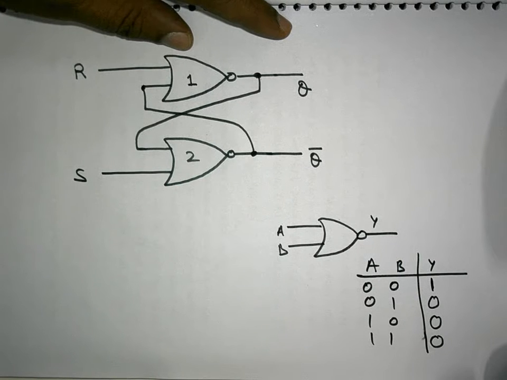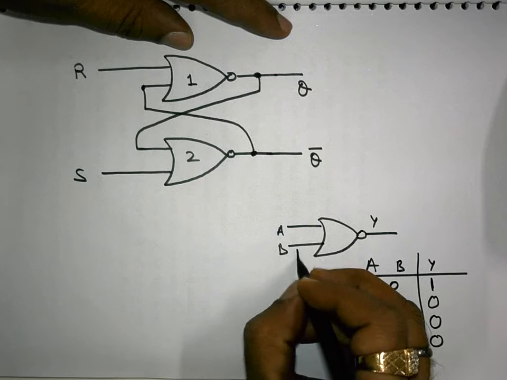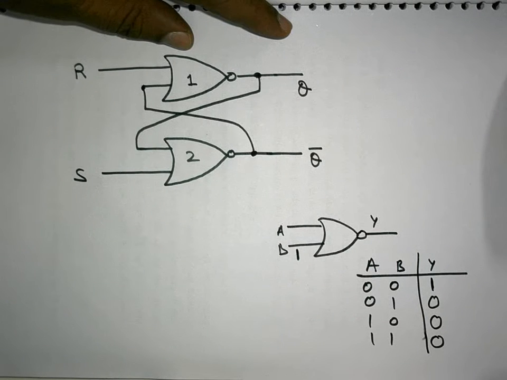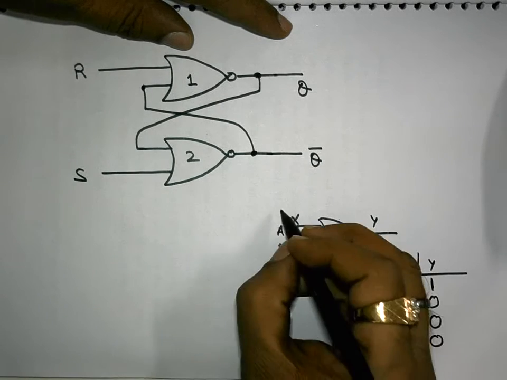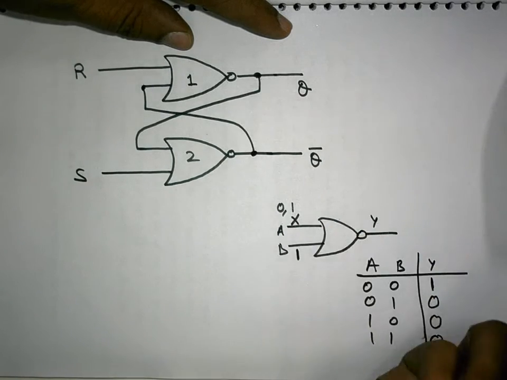What this truth table suggests to us is that if one of the inputs of this NOR gate is 1, then whatever occurs at the other input, what maximum can occur? Maximum 0 can occur or 1 can occur. Okay. Nothing except 0 and 1 can occur.